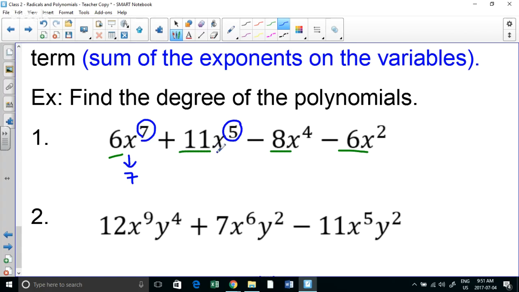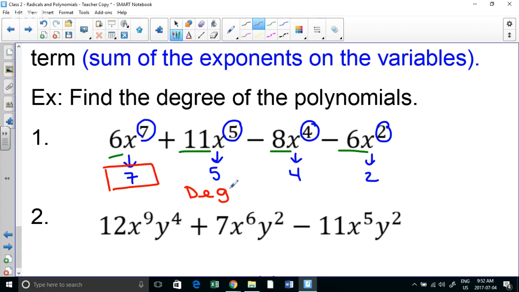We have a 5 here, a degree of 5. We have 4, so this one has a degree of 4. We have a 2. This one has a degree of 2. The degree of the polynomial is the biggest number. So in this case, the degree is 7. We do not add them up. We only add them up on one term at a time.